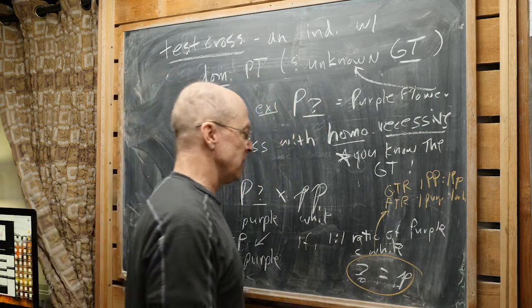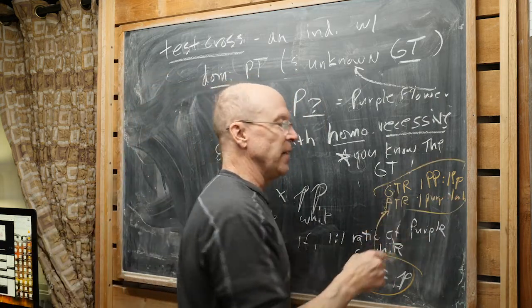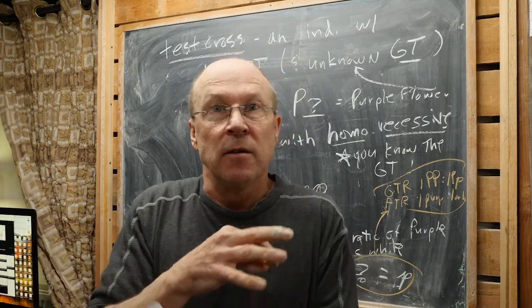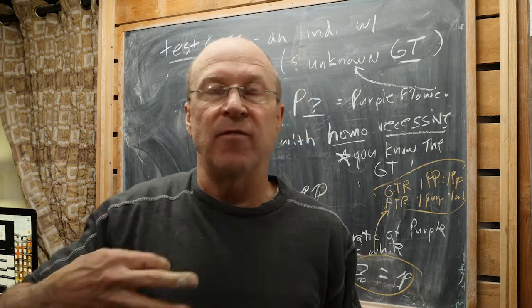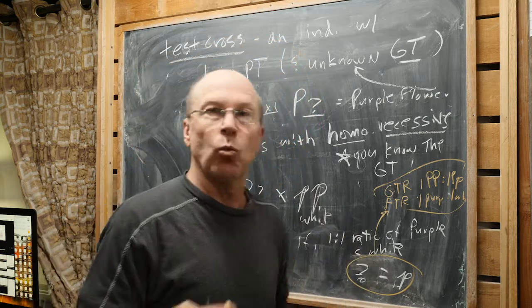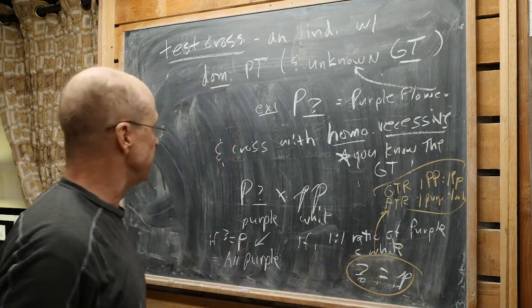There you have it. So there's another ratio for us to get, the test cross ratio when you have an unknown dominant phenotype, meaning of unknown genotype, crossed with, in the test cross, it produces this.